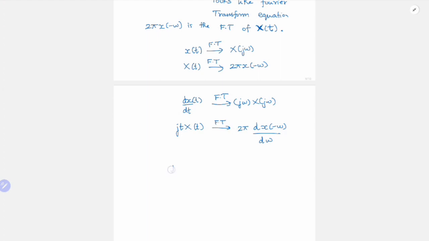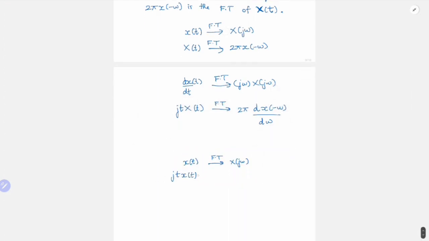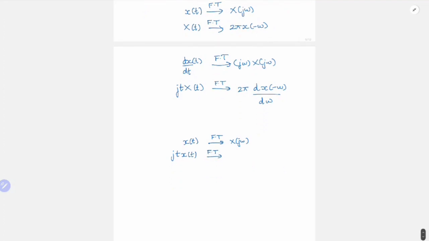So to see what happens if we take jt x of t. If x of t gives Fourier transform X of j omega, then what happens if it is jt x of t? So this we have to derive, right? We want to find dX of j omega by d omega.